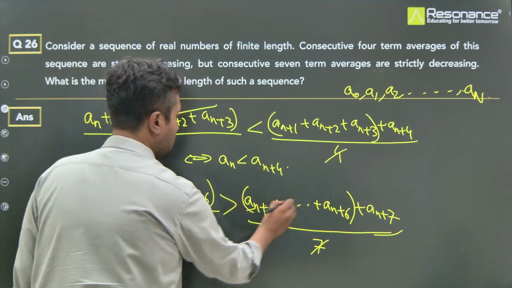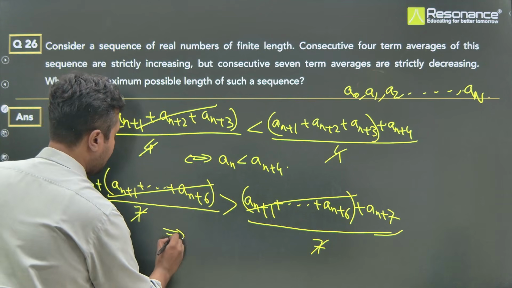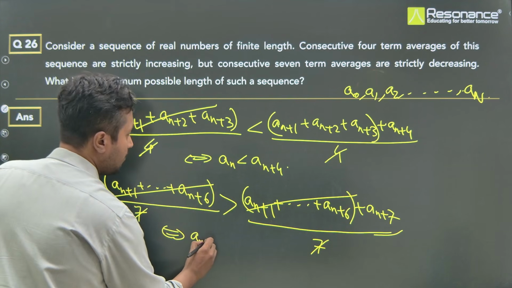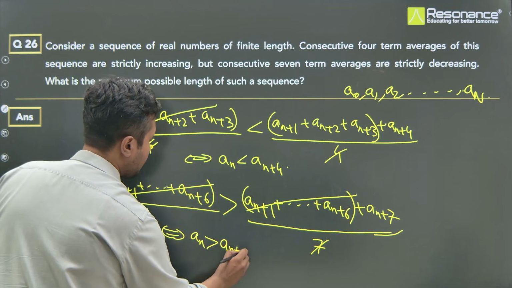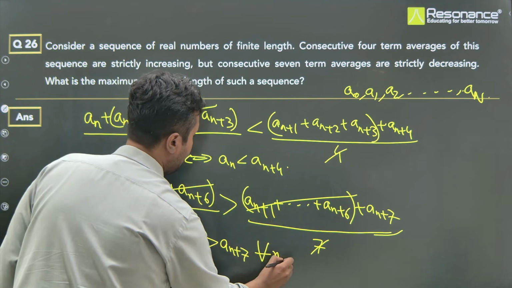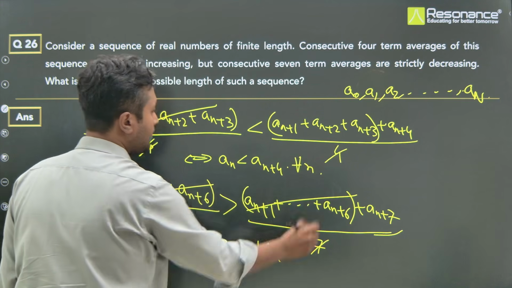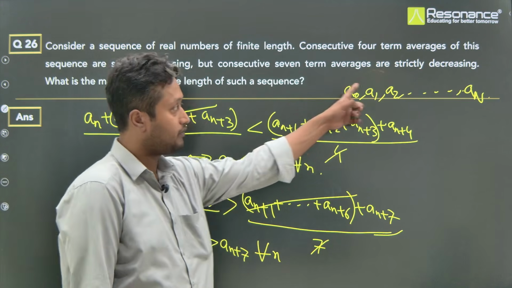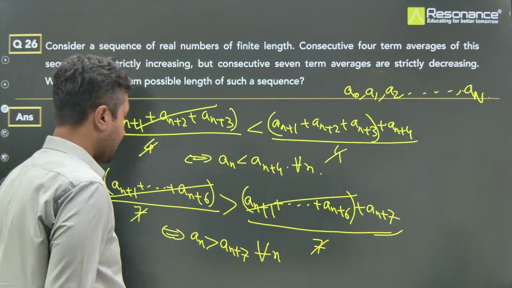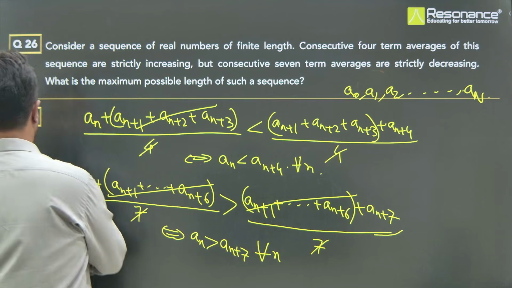So these common terms cancel, and that's the same thing as saying a_n must be greater than a_{n+7}. This is for all allowed choices of n, and it's a finite segment, so all allowed choices.